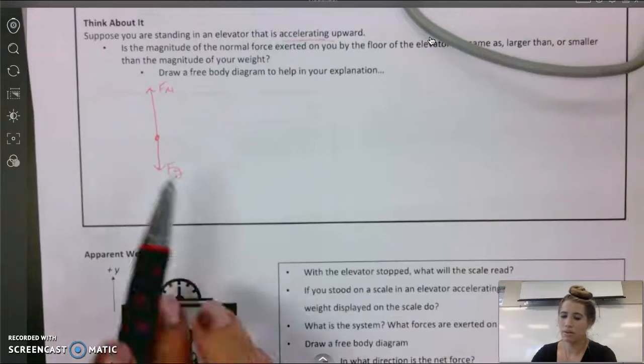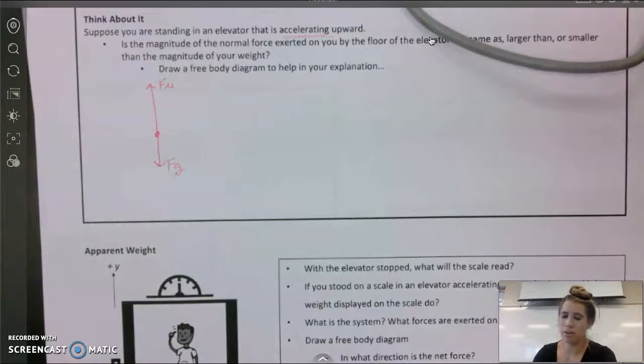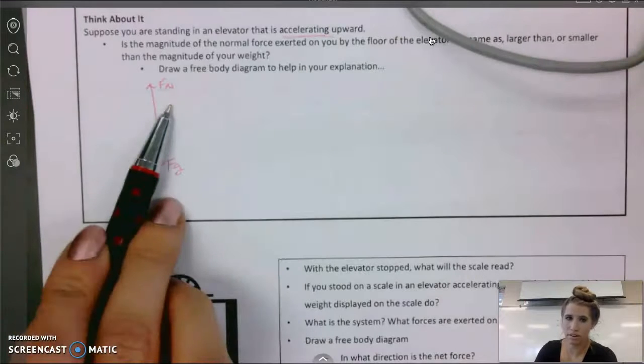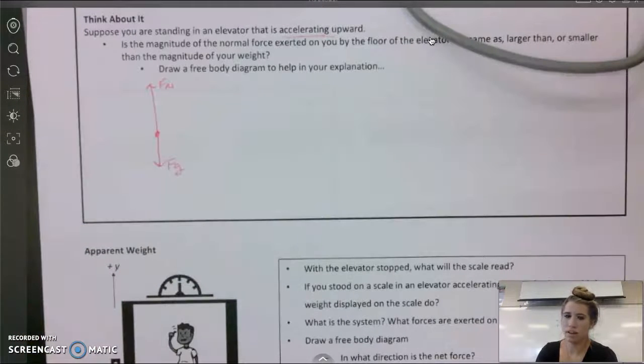Well, do you see how when it was accelerating upward, that normal force of the scale pushing back up on us is greater, and that's what the scale uses to read mass or weight. So it would be incorrect. It would incorrectly read a greater mass. And so it's just saying that the force being pushed up, the scale pushing up on the person while the elevator is accelerating upwards, is actually greater than the force due to gravity.